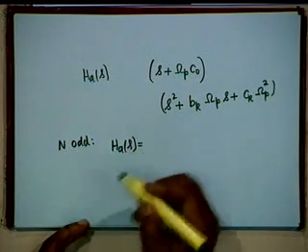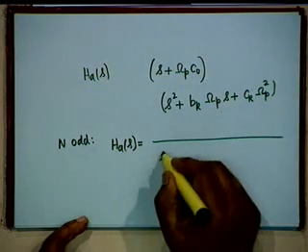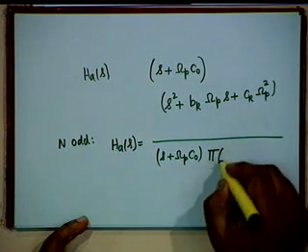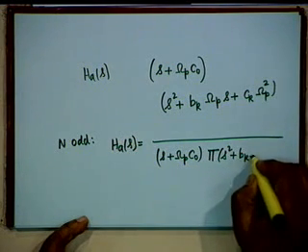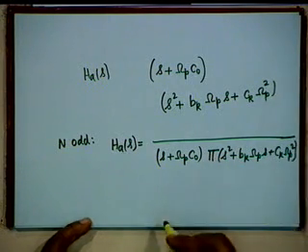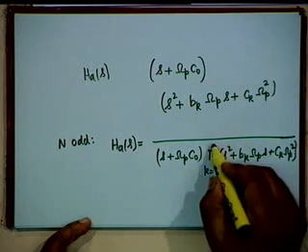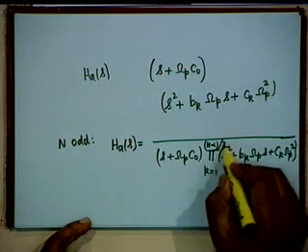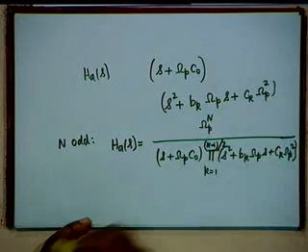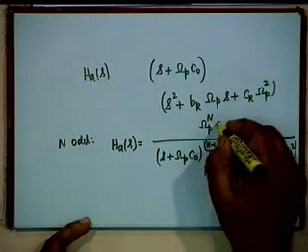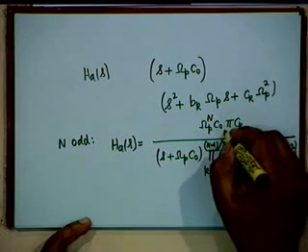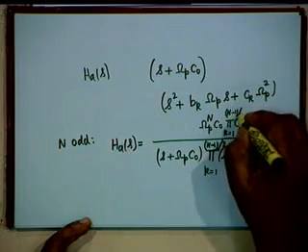Ha of s is equal to s plus omega p C0 multiplied by the continued product of s squared plus bk omega p s plus ck omega p squared, k equal to 1 to n minus 1 by 2, and the numerator shall be omega p to the power n, C0 times the continued product of ck, k equal to 1 to n minus 1 divided by 2.